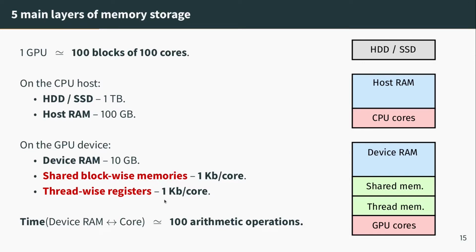And the main thing you have to keep in mind is that the latency, so the time it takes for a GPU core to get access to the device RAM, is about the time it takes to make 100 arithmetic operations. Okay, so whenever you see an O of n or an O of n square analysis of an algorithm, keep in mind that a memory access costs 100 math operations.